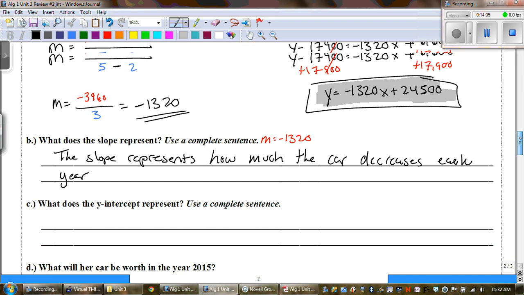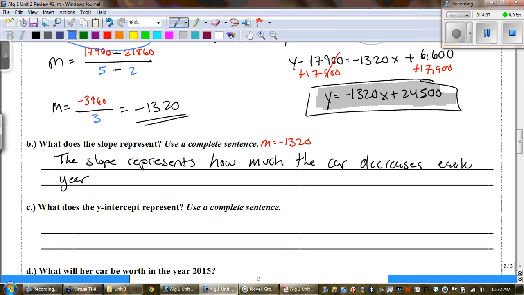And then the y-intercept, well, the y-intercept, that was (0, 24,500). Remember this is your x and that is your y. So 0, that's the years. So the y-intercept represents, if x is years, that's how long you've had it.